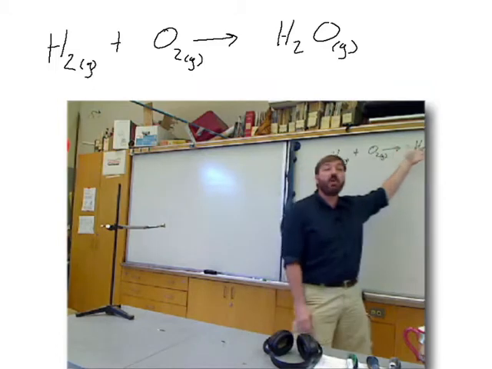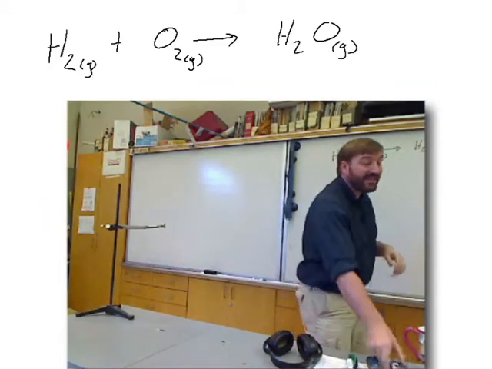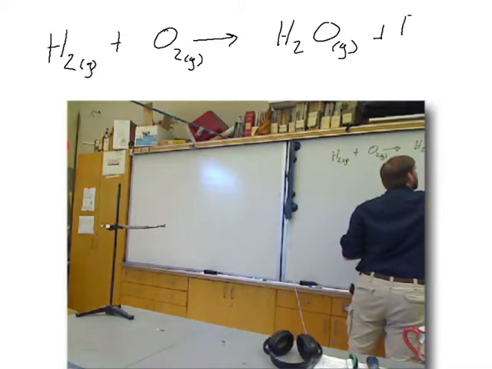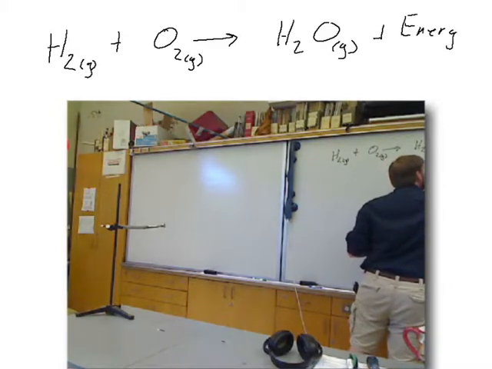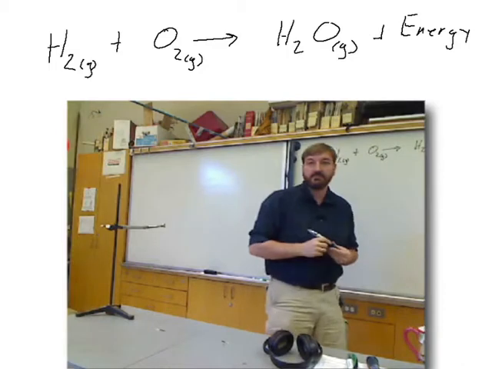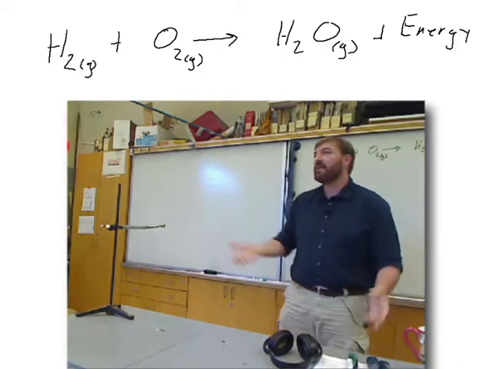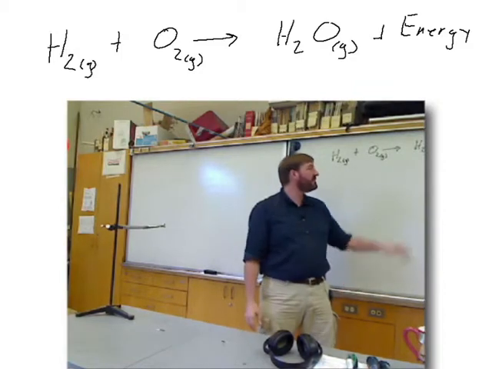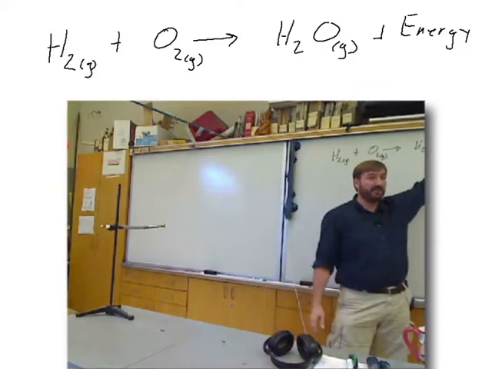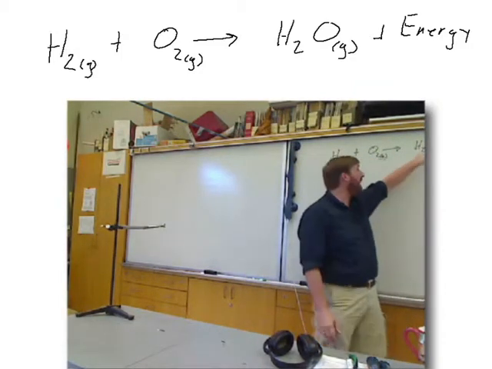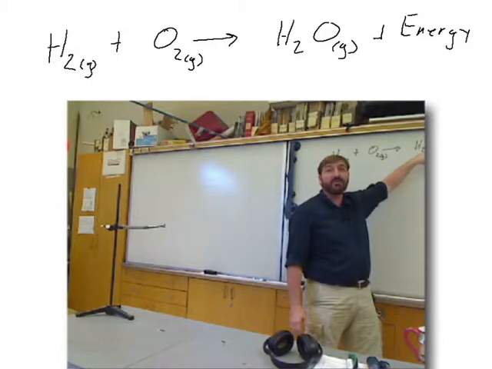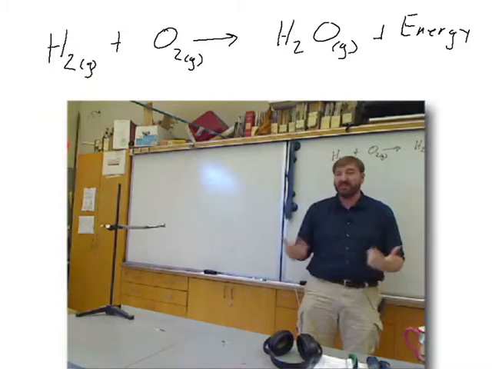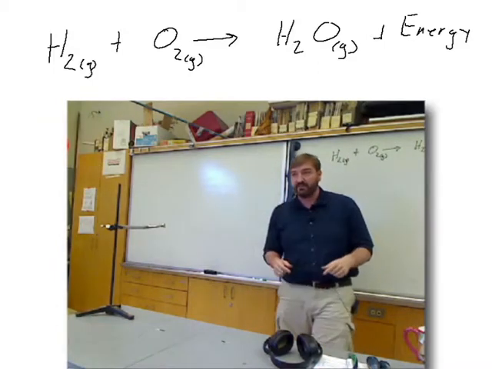So now I have to think. Once I know this value, I need to compare the amount I need, 208.4 grams of oxygen needed, to the amount I have. I have 100 grams of oxygen. Do I have enough oxygen to use up all of the ethanol? No, I don't have enough oxygen.